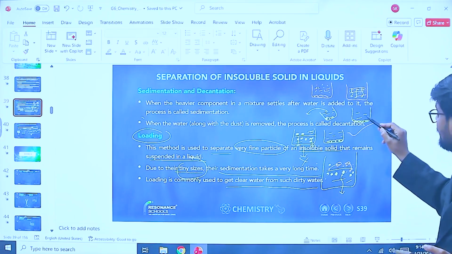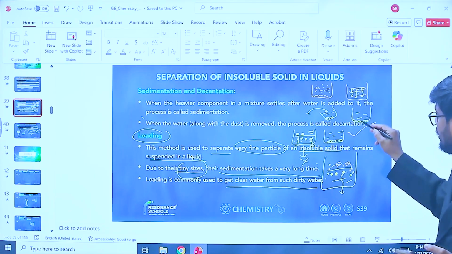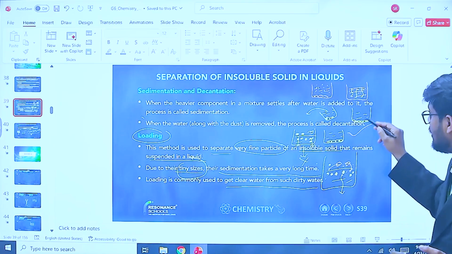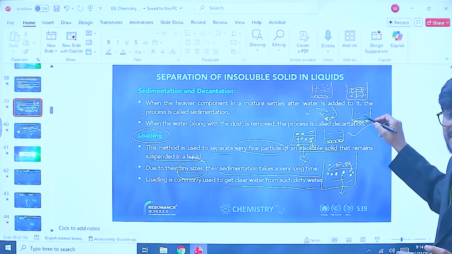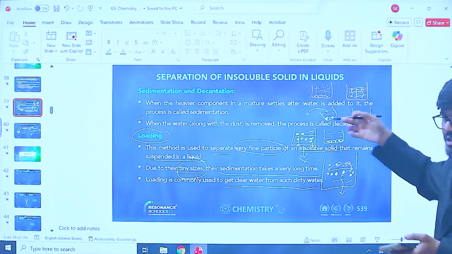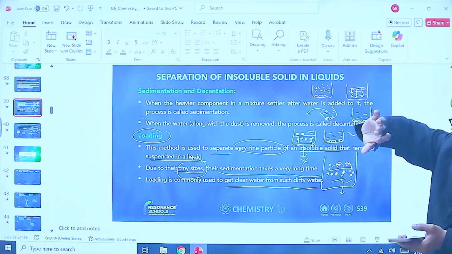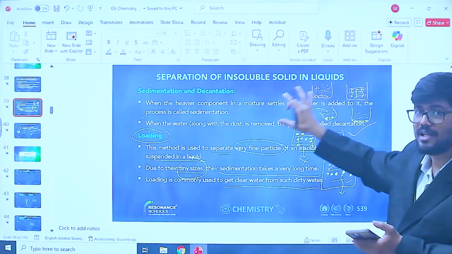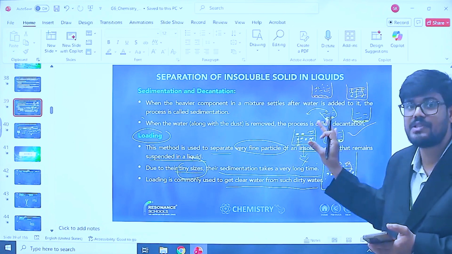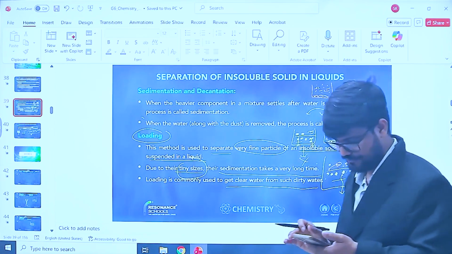After that you just observe here, all solid particles are settled down and above that liquid is there. Now both things are together. How will you isolate these two things? You just pour that upper liquid into another container like this, right? So pouring this liquid into another container, this process is called decantation.